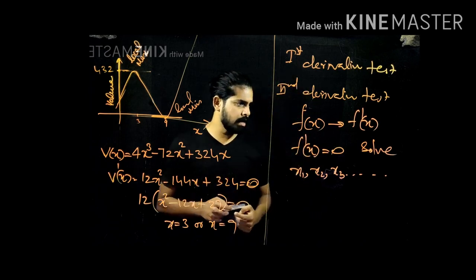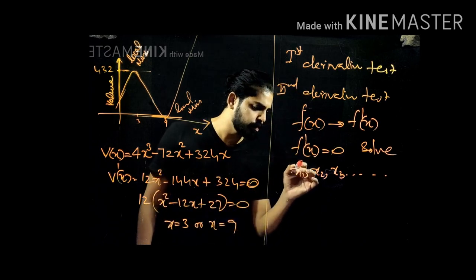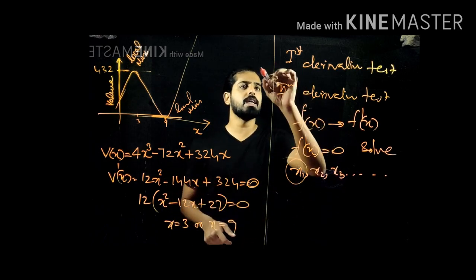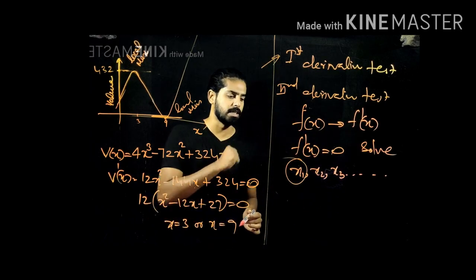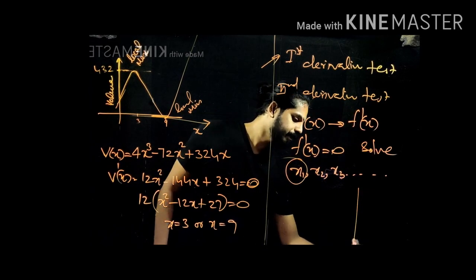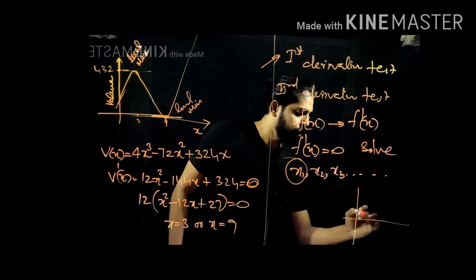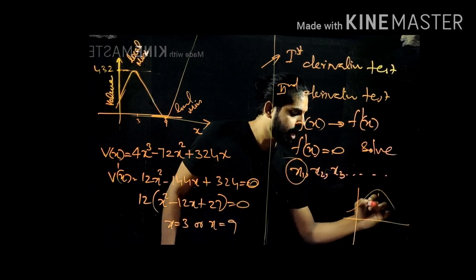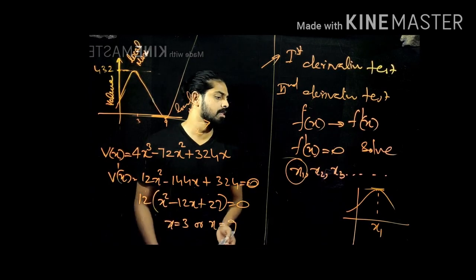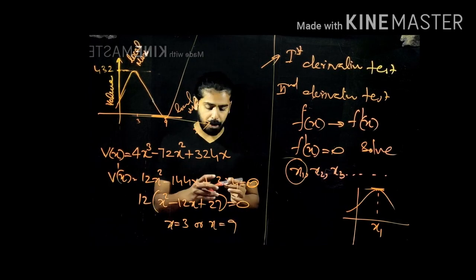And we have to check whether this point x1 is a point of maxima or a point of minima using this first derivative test. Let's see how we do that. Suppose this x1 is local maxima as shown in this figure. Suppose this x1 is a point of maxima.